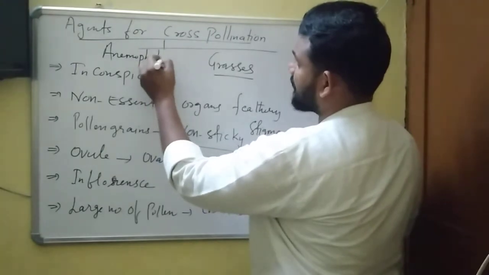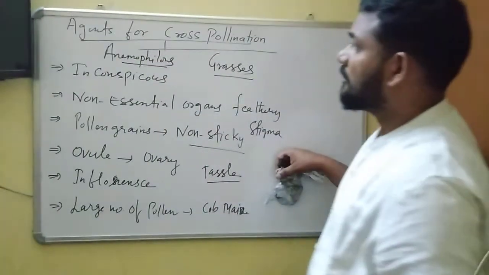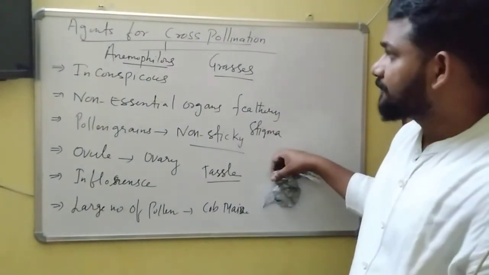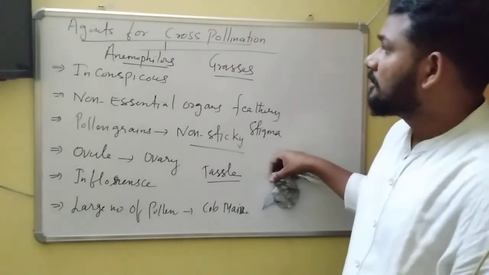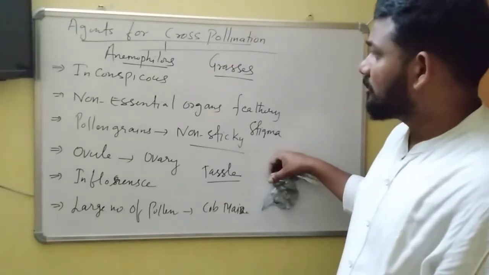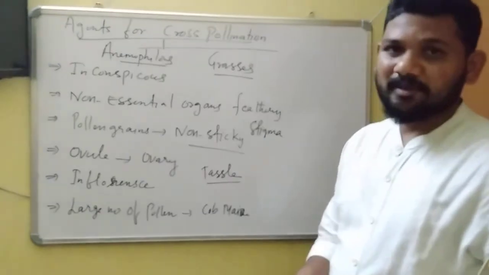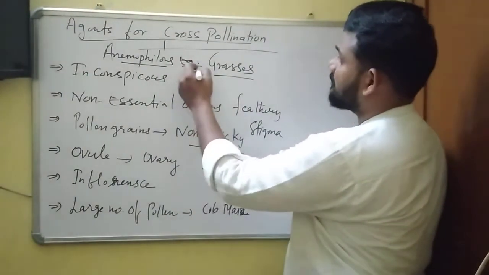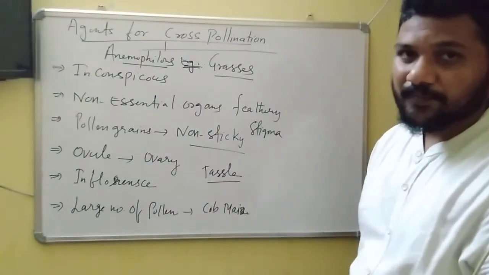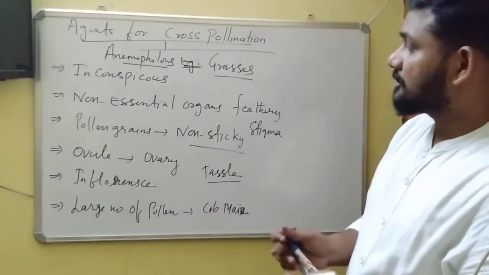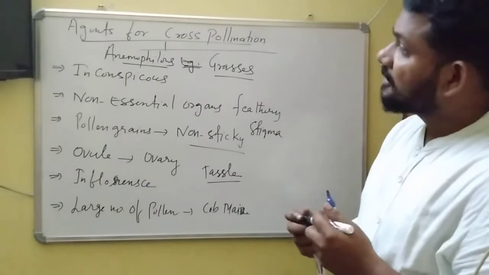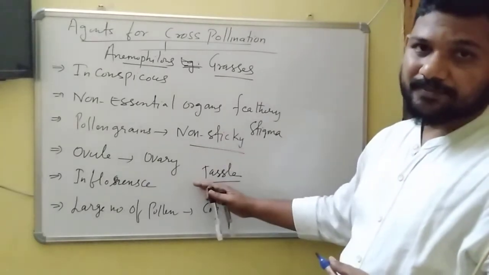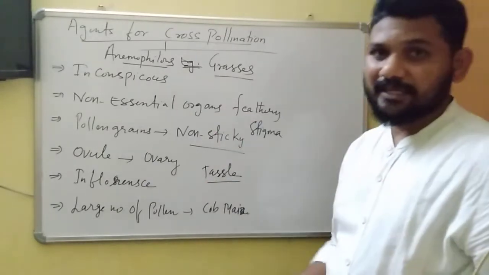The flowers which can perform pollination through wind are called anemophilous flowers. Anemophily का जो best example है grasses. तो ये हो गया first abiotic agent, but anemophily is the common amongst abiotic factors.